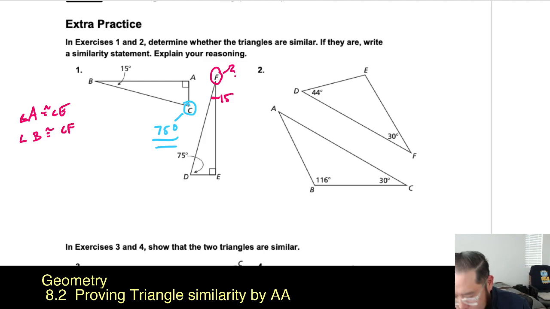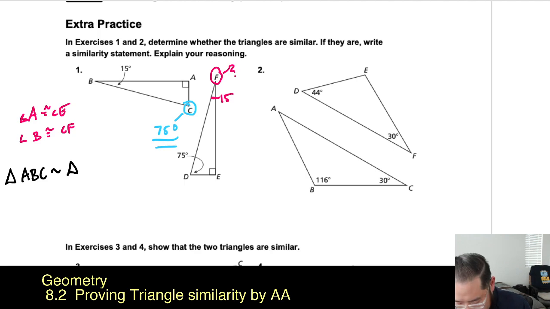Then we can come up with our similarity statement. Now make sure when you write this out, the letters correspond with the corresponding angles. So go ahead and say triangle ABC. We use the similarity symbol, which is that little squiggly line, and then it is similar to triangle DEF.